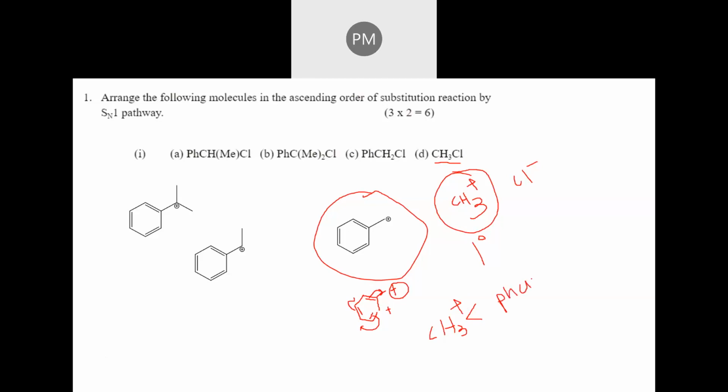In the benzylic carbocation, the pi electron cloud stabilizes the whole carbocation system.